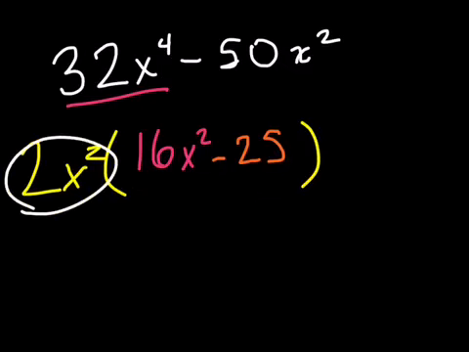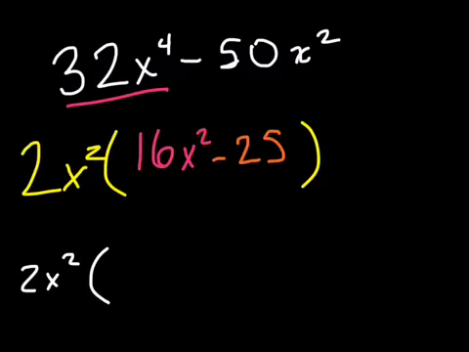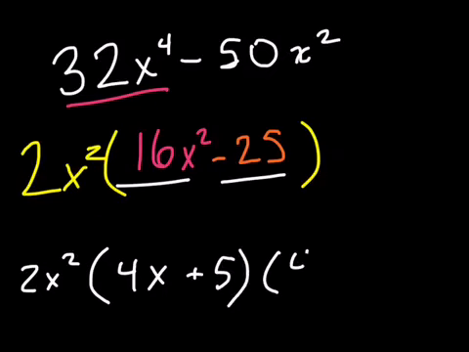So what we've done now is we've turned this into the product of conjugates. So we can leave this alone for now. We'll get back to that later. So 2x squared, square root of that is 4x. Square root of this is 5, so we have 4x plus 5, 4x minus 5. And there's our factors. So we could now solve this. Difference now is we just have 3 places that we need to set up and solve equations.